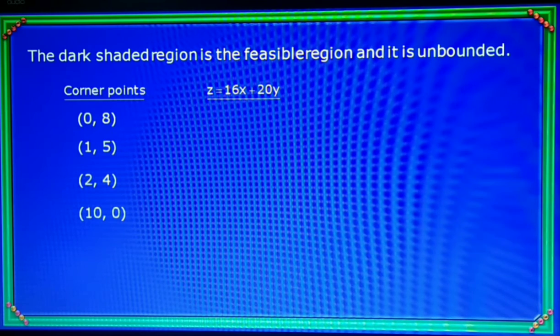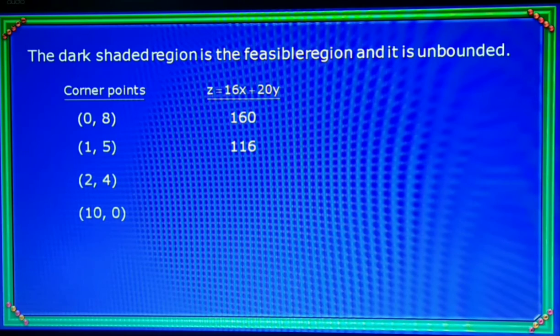When x is equal to 0 and y is equal to 8, Z is equal to 160. When x is equal to 1, y is equal to 5, Z is equal to 116. When x is equal to 2 and y is equal to 4, Z is equal to 112.